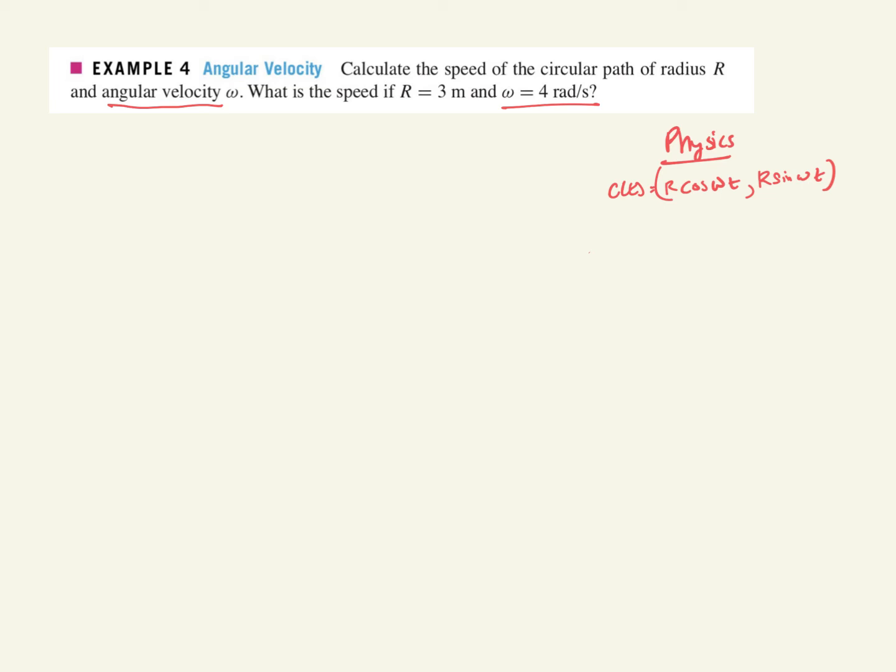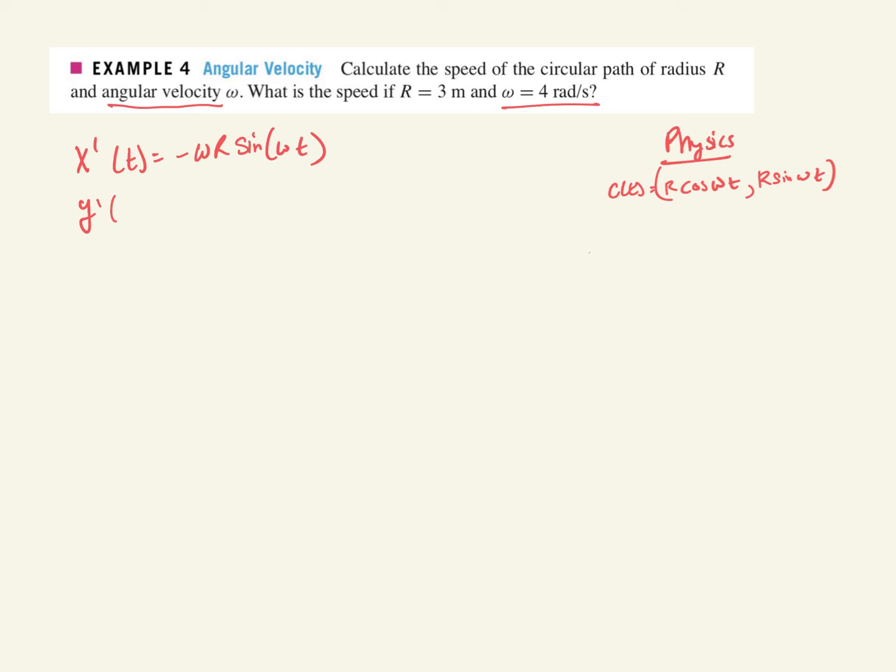Okay. So for this example, I've got my parametric equation, then I need my x prime, right? That omega inside of my cos and inside of my sine create linear chain rules. So my derivative of r cos omega t becomes negative omega r sine omega t.